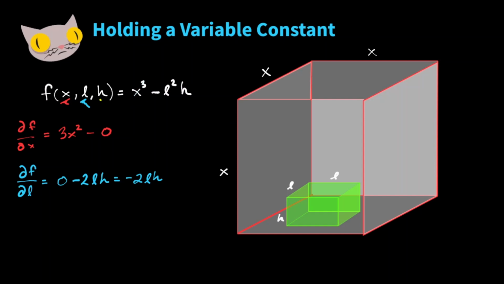Last, let's find the partial derivative with respect to h. This will give us 0 minus L squared times 1, or just negative L squared. Again, no h in this term, so it goes to 0, and the derivative of h is just 1, so we get negative L squared.